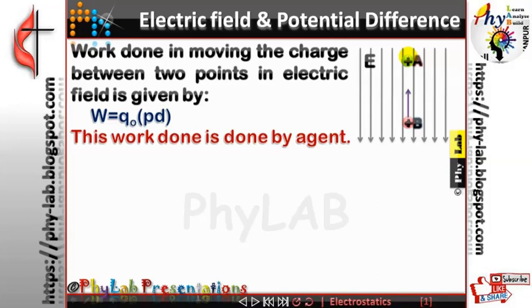So the agent has moved this charge through a displacement of delta x, that is from B to A. The displacement suffered by the charged particle is delta x. So work done from mechanics will be equal to whatever force the agent applies. What is the force that the agent applies? I'm calling it FAG, and the displacement suffered by the charge happens to be delta x.